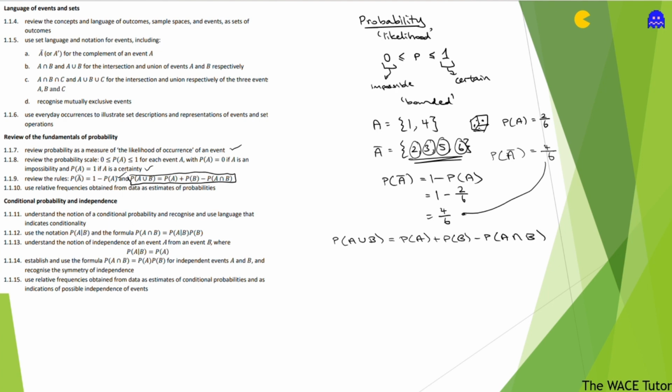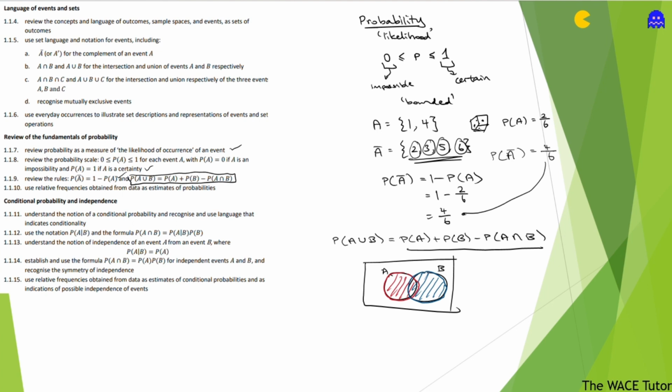Let's take a look at a Venn diagram. And let's take a look at the right hand side. We have an event A and we have an event B. This is a different event A to the event A we're talking about here. This is a more general event I'm referring to. So, the probability of A refers to this part here. The probability of B refers to this part here.